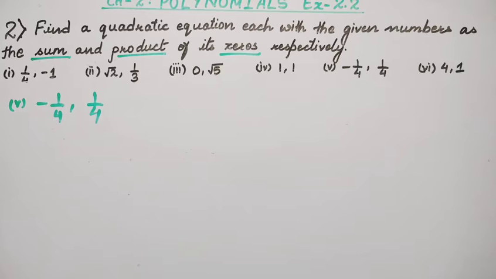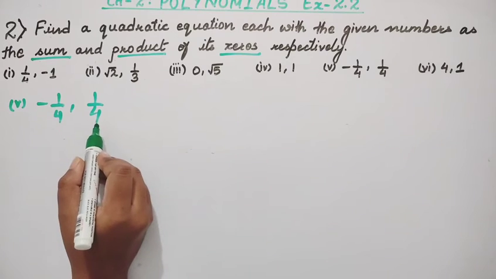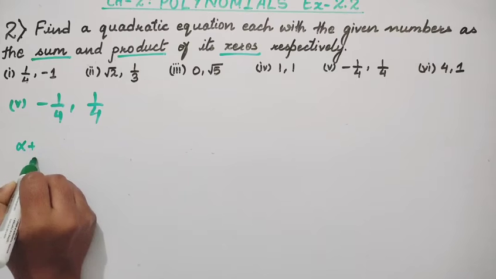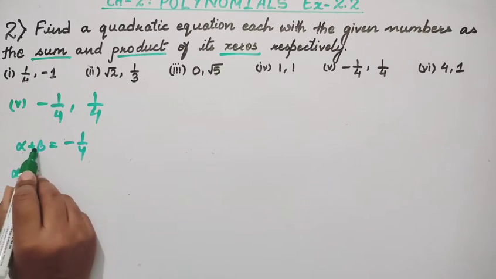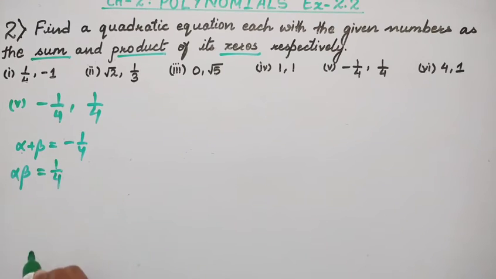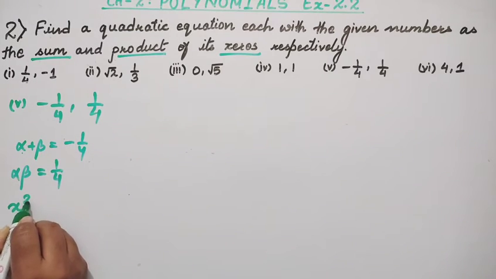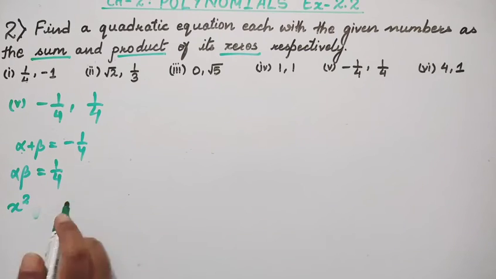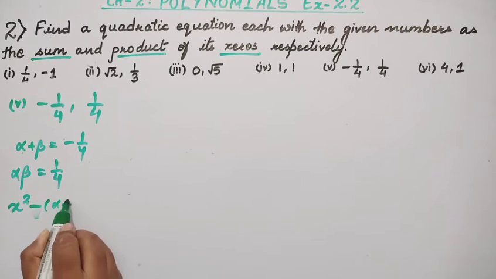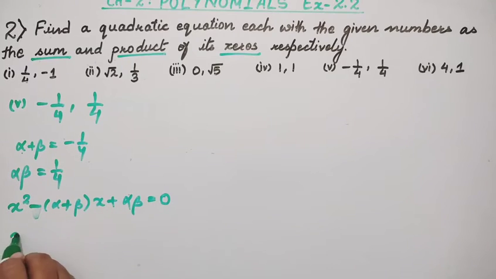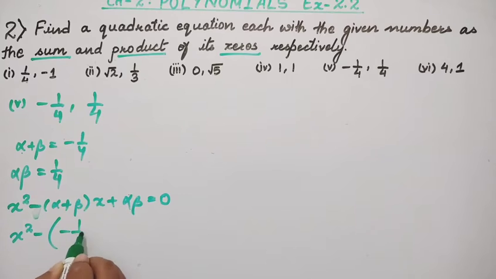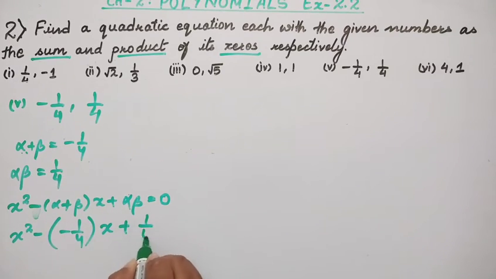Next we have 1/4 and 1/4. Alpha plus beta is minus 1/4 and alpha beta is 1/4. Here x square minus alpha plus beta into x plus alpha beta equals 0. x square minus, here we have minus 1/4 as the value of alpha plus beta, and alpha beta is 1/4, equals 0.